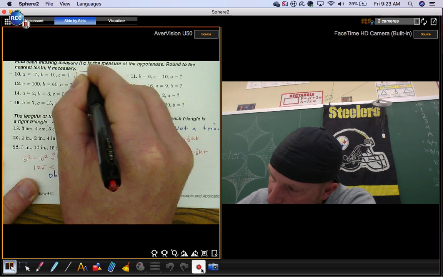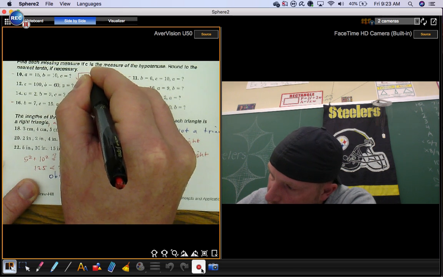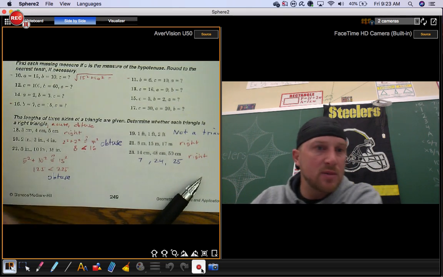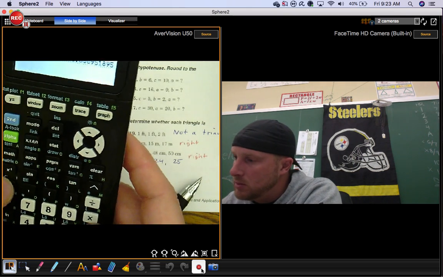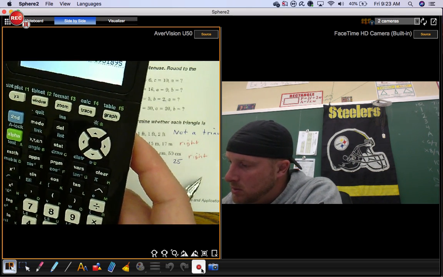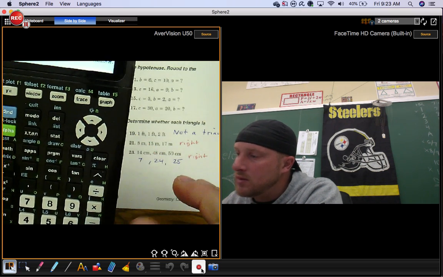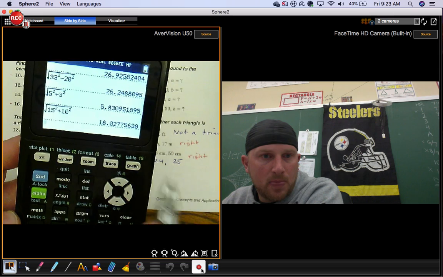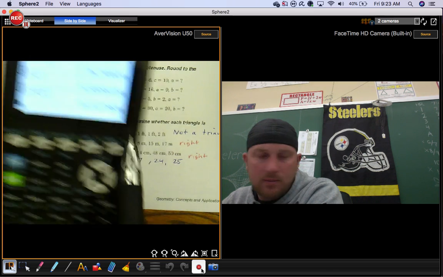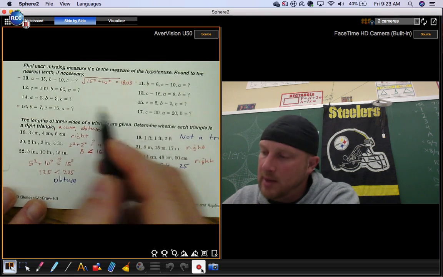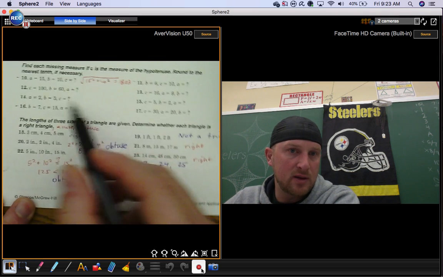So here's what you're writing down. 15 squared plus 10 squared equals your answer. And it better be something bigger than 15. 18.03. That makes sense because it's bigger than 15.